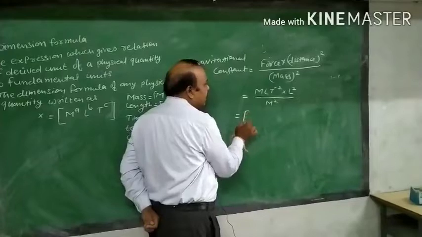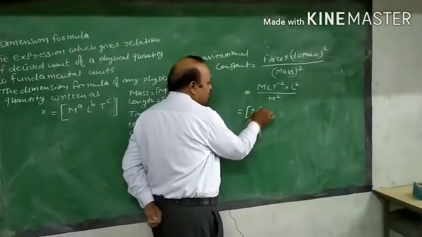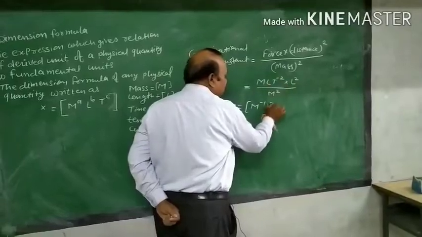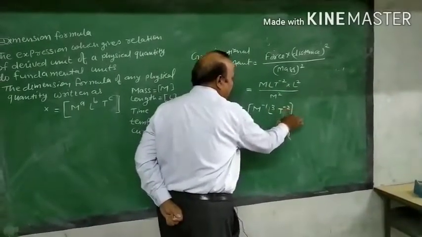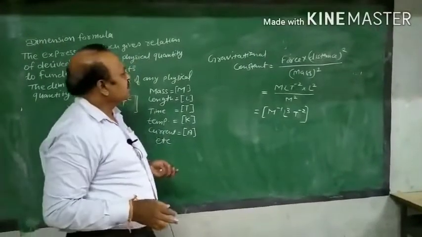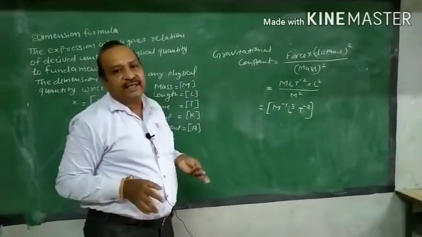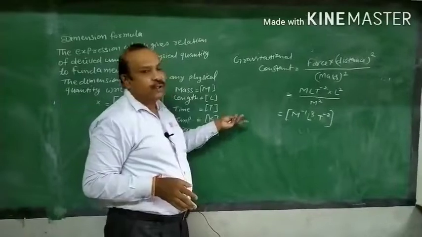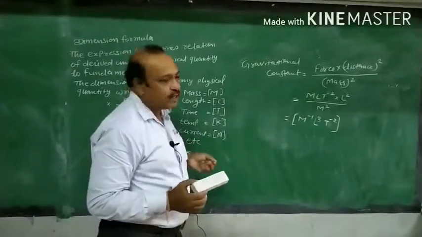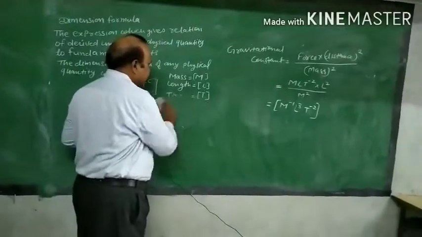In that case, we get the dimension formula M to the power minus 1, L to the power 2 plus 1, L cube, T to the power minus 2. It is the gravitational constant formula. There are so many physical quantities. In a similar way, you can find the dimension formula of various physical quantities. Okay.